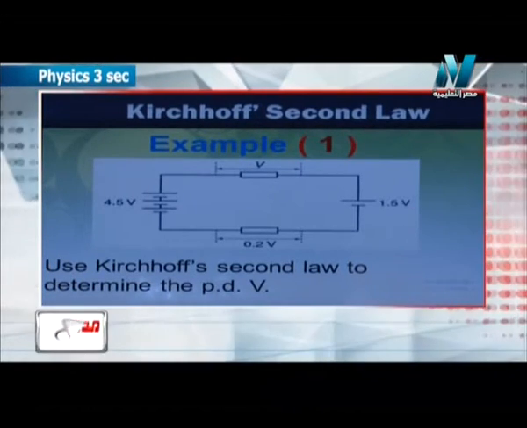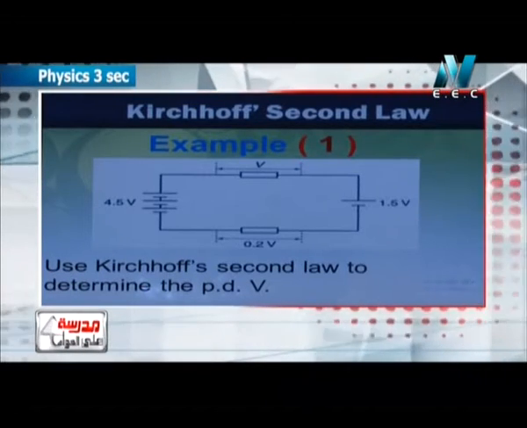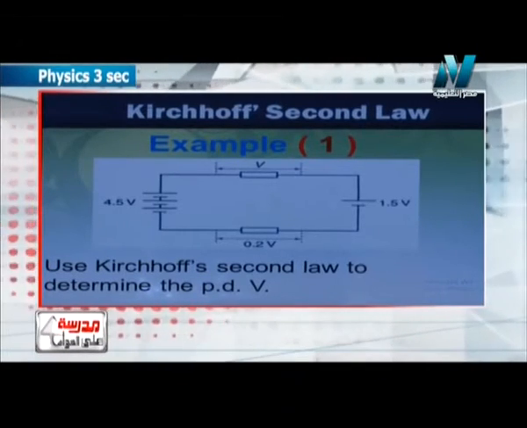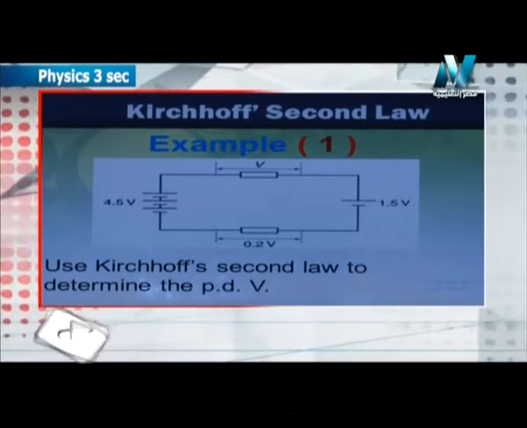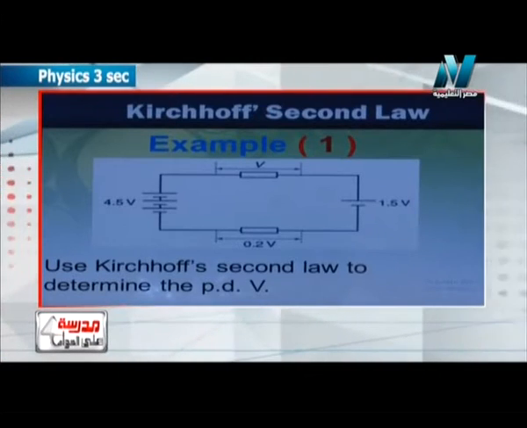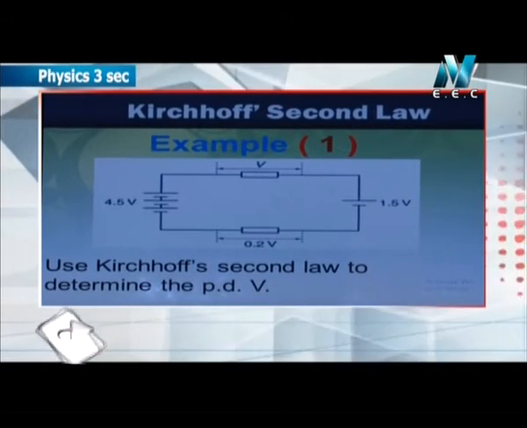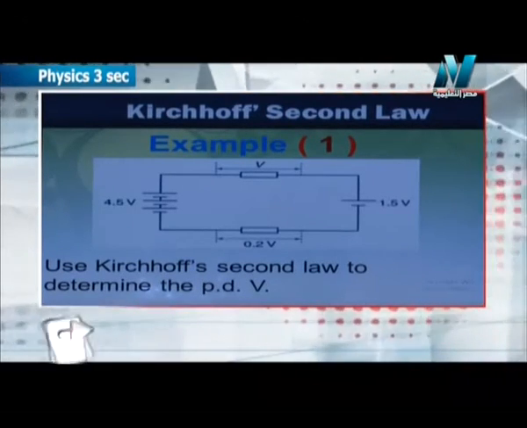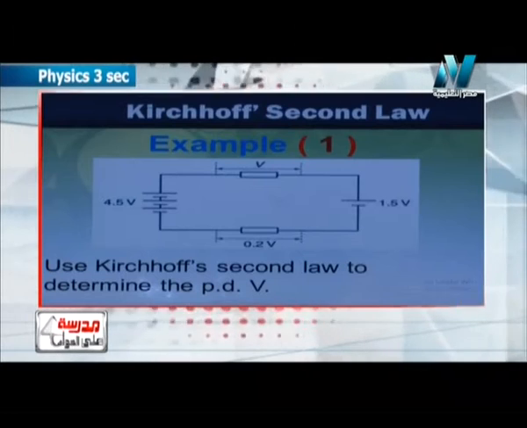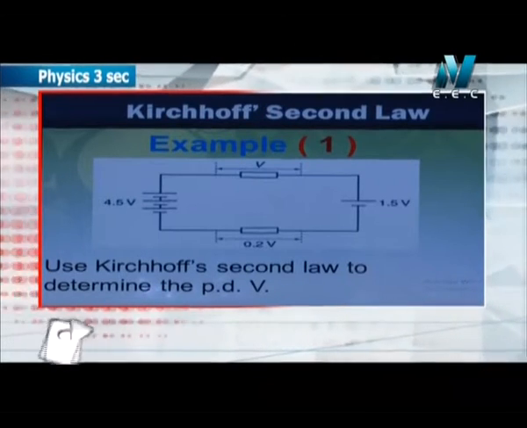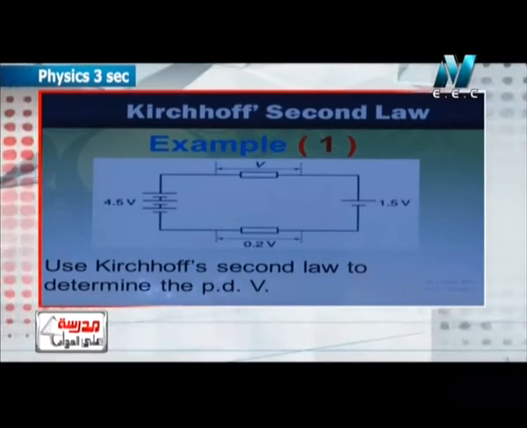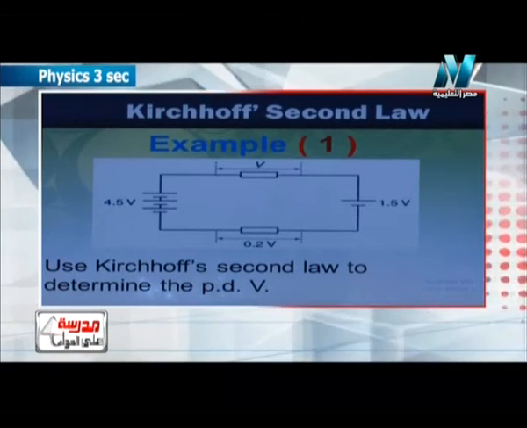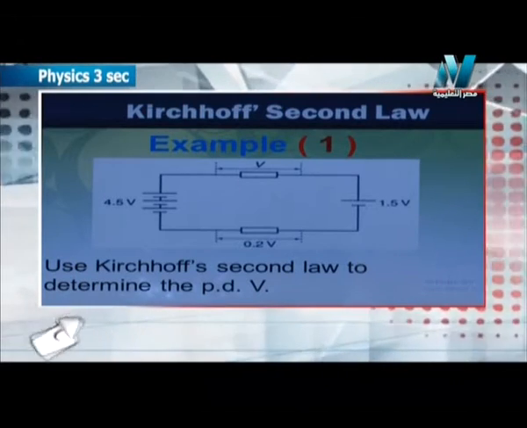The resistance up, the potential difference across it, V, unknown. The resistance down, its potential difference equals 0.2 volt. Again, our loop now consists of 2 batteries and 2 resistors, one up with potential difference V, and one down with potential difference 0.2.